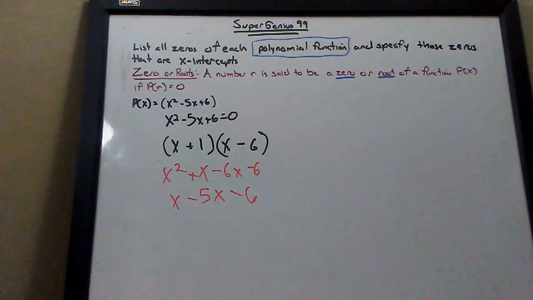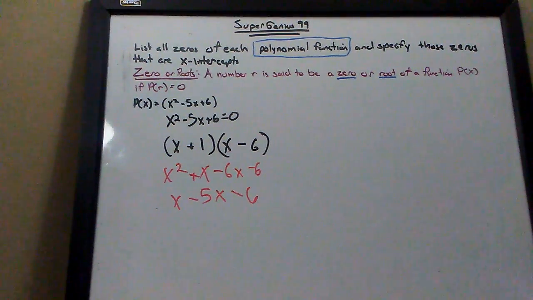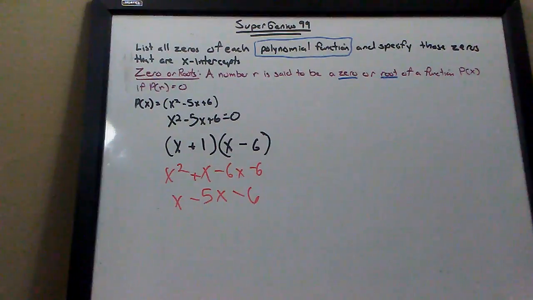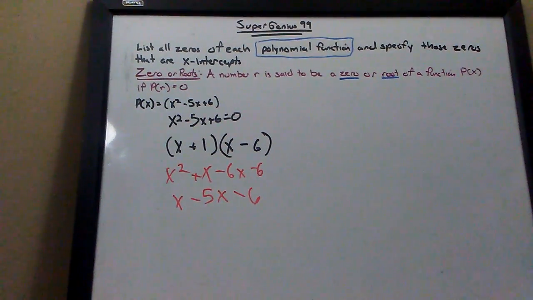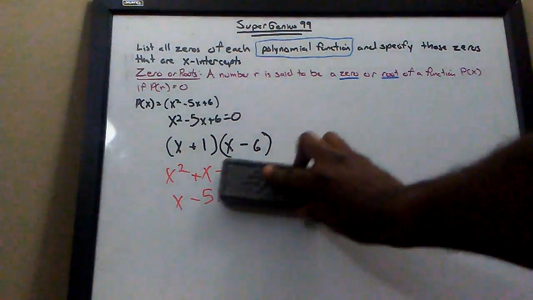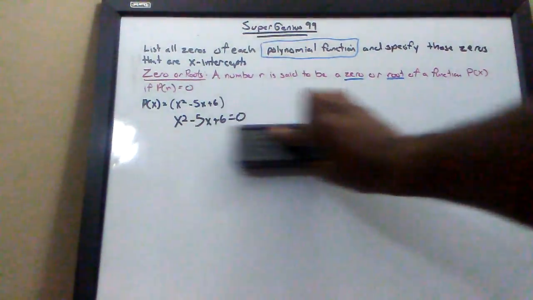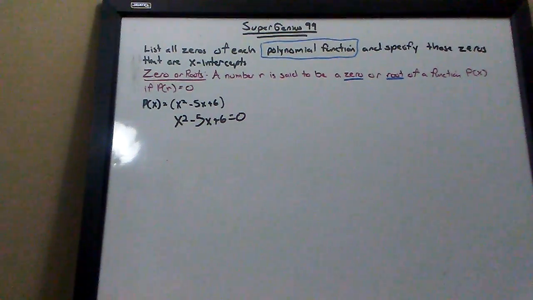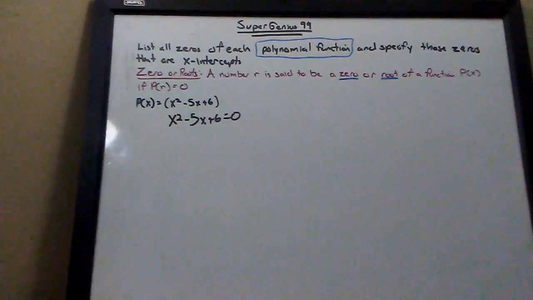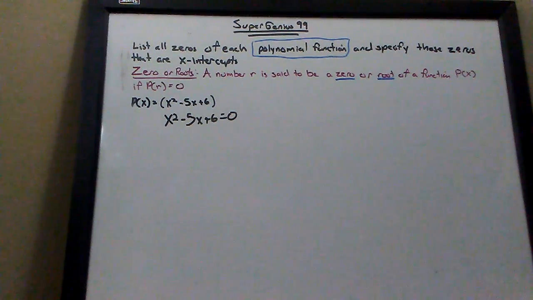Okay. So let's continue and look at some more possible solutions. So we need something to give us the positive 6. So we also have what? 2 and 3. Let's try 2 and 3.